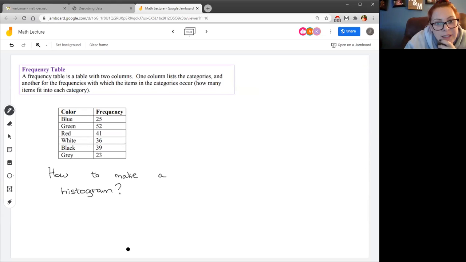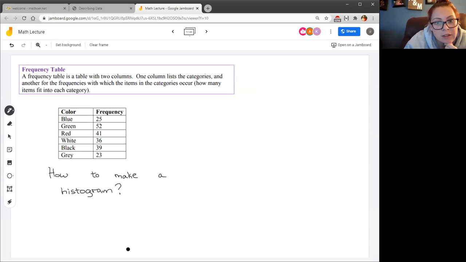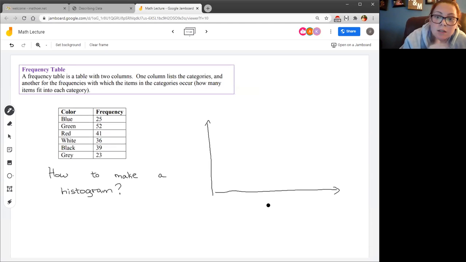Are you wanting one of us to answer that question? Yeah. So I think, I'm not sure, but I think to make the histogram, you would have to have 2 lines. So let's say that the horizontal one would be the colors, the category, and then the vertical one would be the numbers.